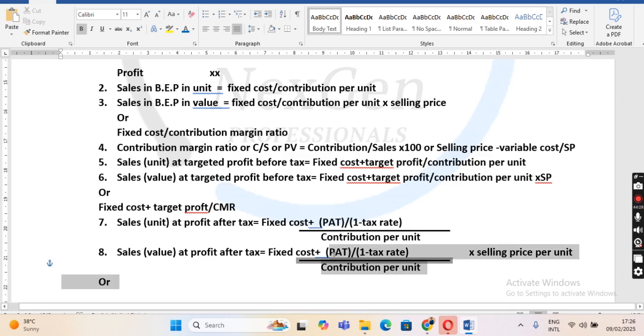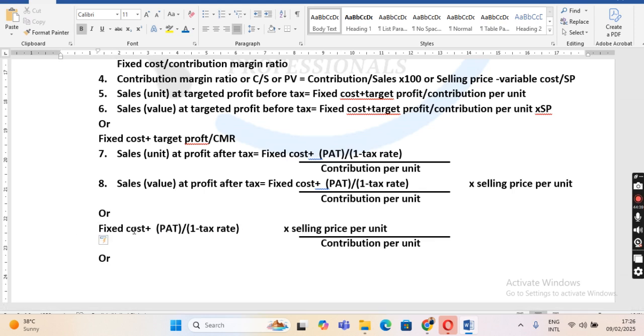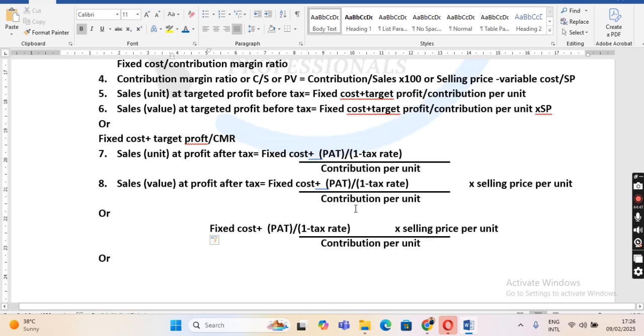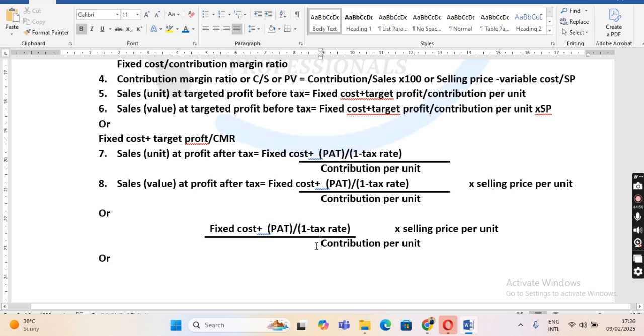I'm giving you the option now to use CMR.